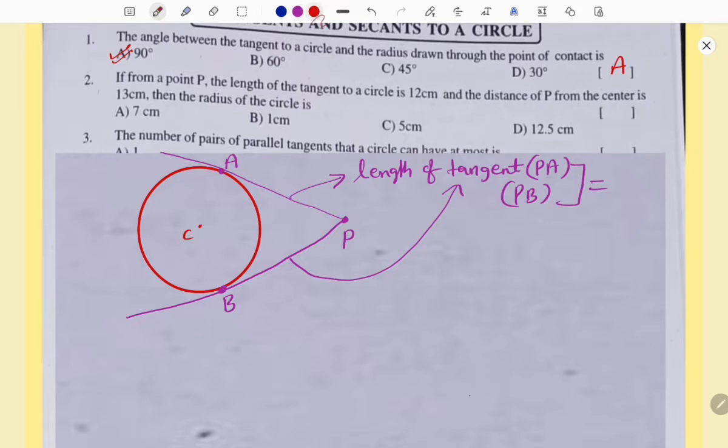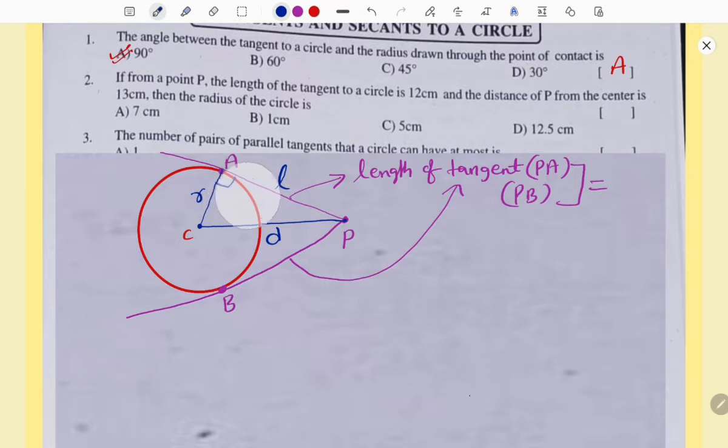Now here is the center and this is the point of contact. We can join them. What is this? The radius. In the previous question I explained that the radius is perpendicular to the tangent, so here it is perpendicular too. Now P is some distance away from C, denoted with the letter D. The length of the tangent is denoted with the letter L. Which type of triangle is this? A right angle triangle.